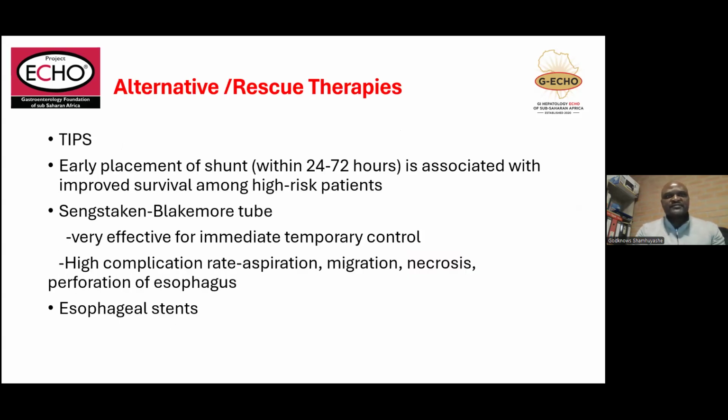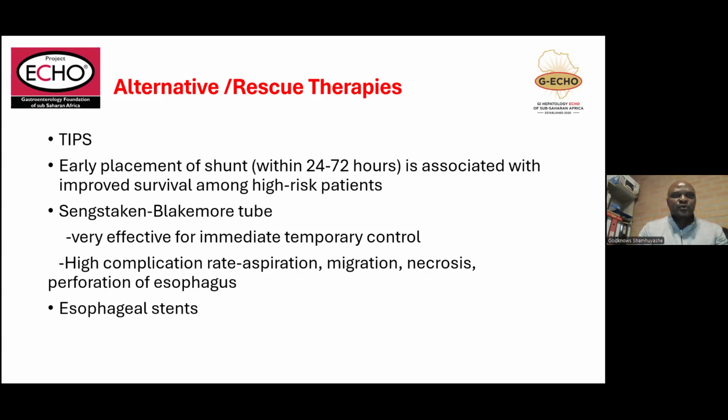The alternative rescue therapy is TIPS, the placement of shunts. Early placement of the shunt within 24 to 72 hours is associated with improved survival, especially in patients with high-risk bleeding which is refractory to endoscopy.